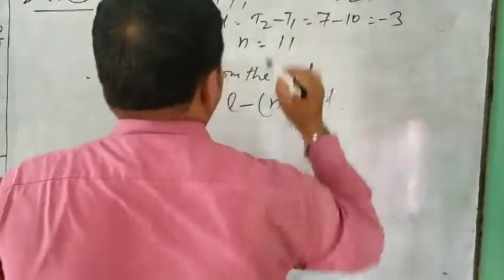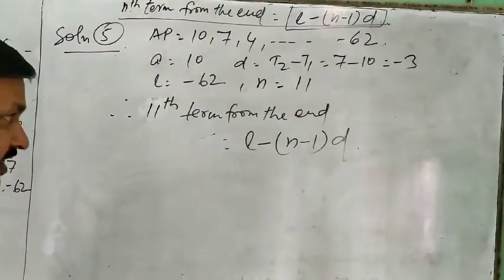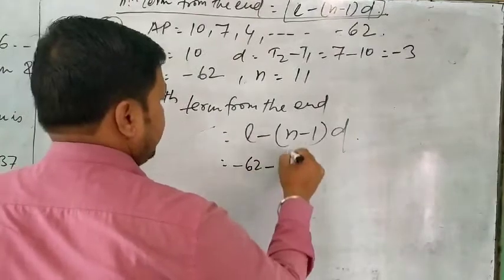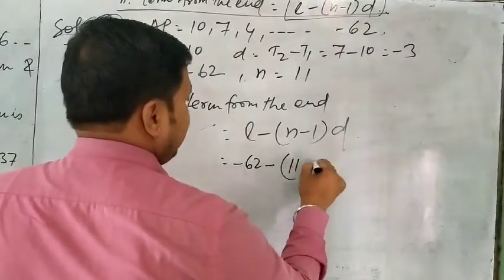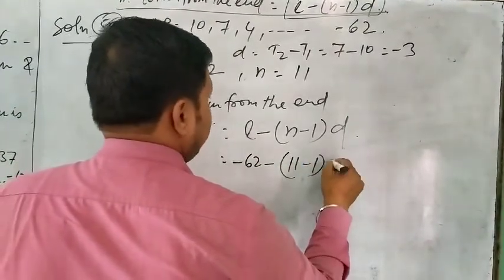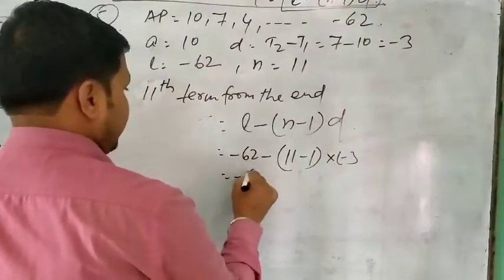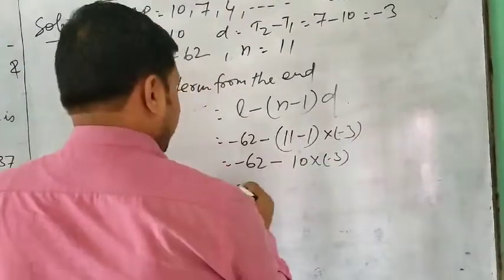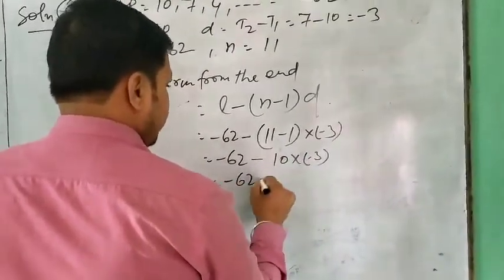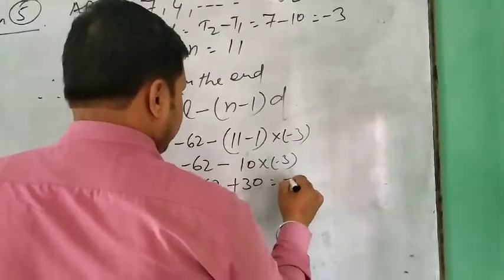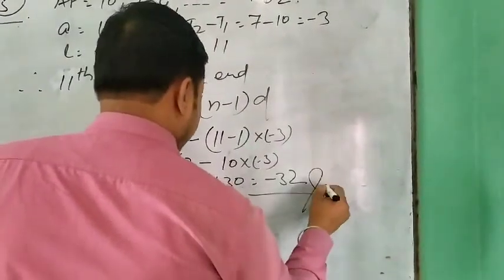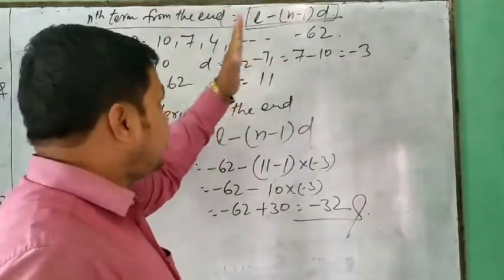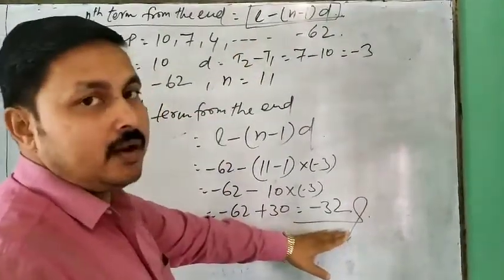Your L is minus 62 minus (11 minus 1) and your D is minus 3. So minus 62 minus 10 into minus 3, that means minus 62 plus 30 equals minus 32, and that is your answer. From the end, the 11th term is minus 32.